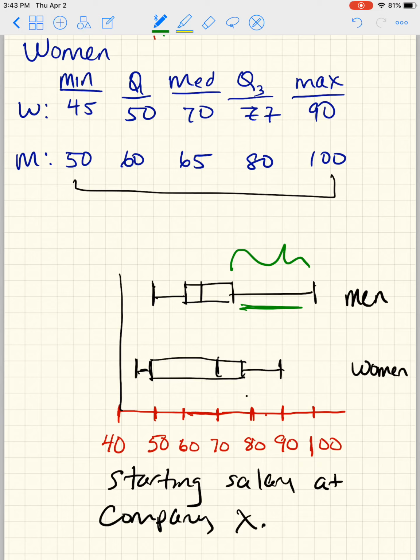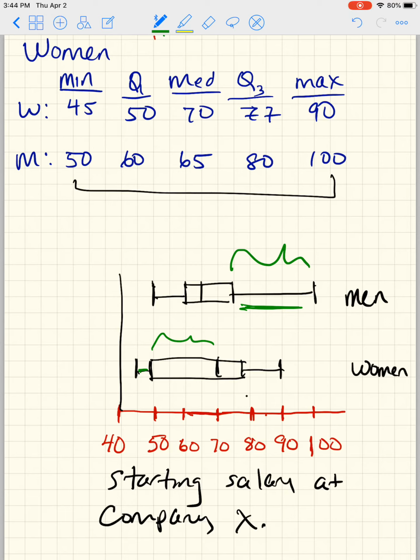Here, even though the whisker is small, we have this part of the box that's a bit larger on the left side. So we say that the women, their distribution of salary is skewed to the left, meaning that their average salary is a bit less. So contrary to what the median showed us, the average for women is probably less than the average for men.